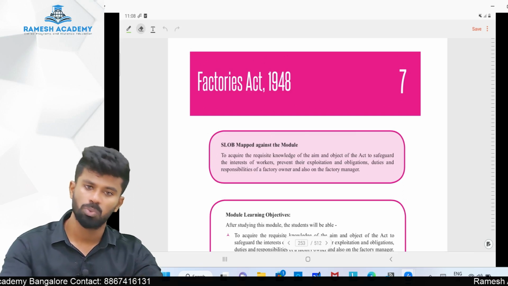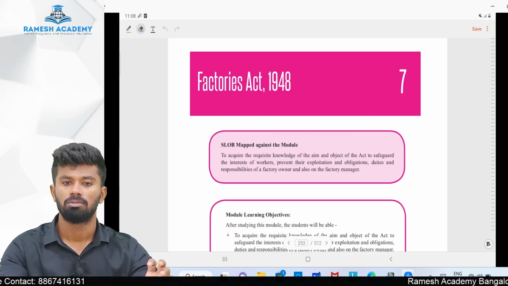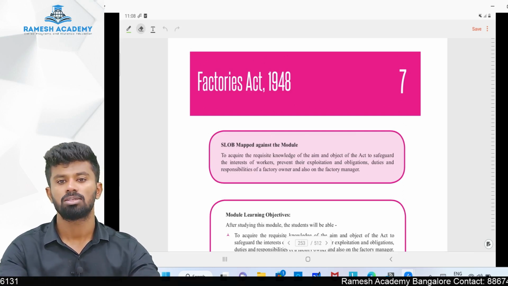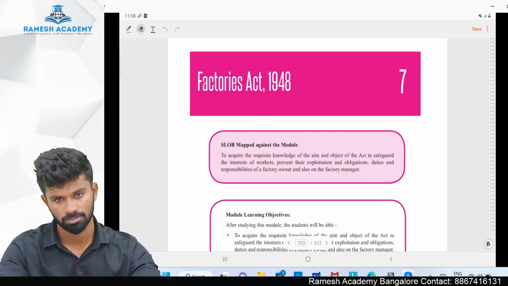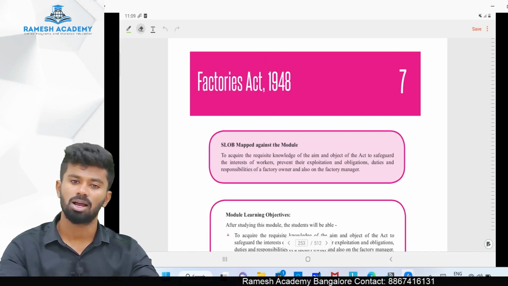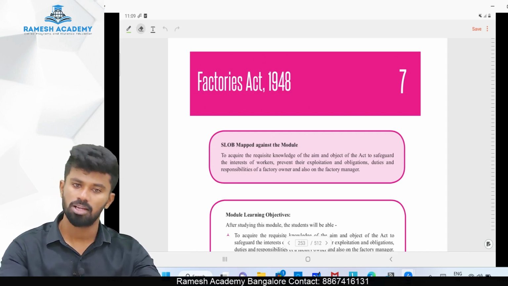Those measures we can classify into three categories. First one is welfare measures, second one is safety measures, and the third one is health measures. Along with that, we also have provisions with respect to hazardous process, like what activities are considered as hazardous process.